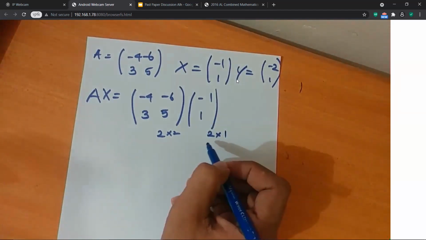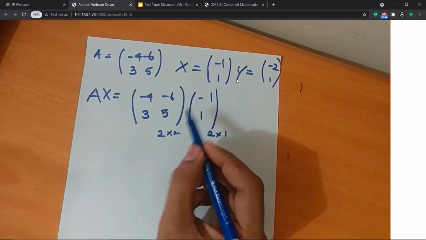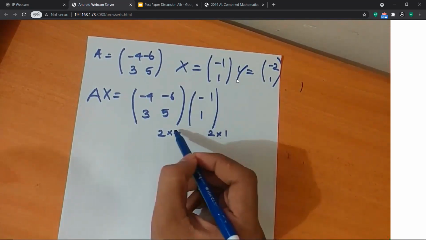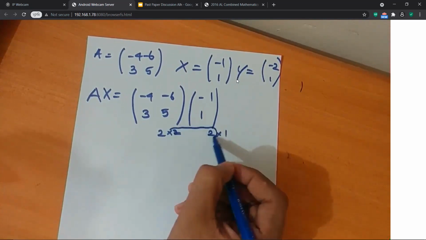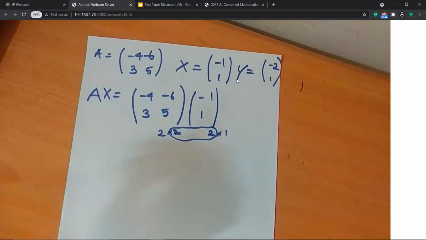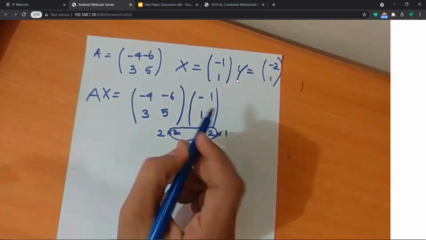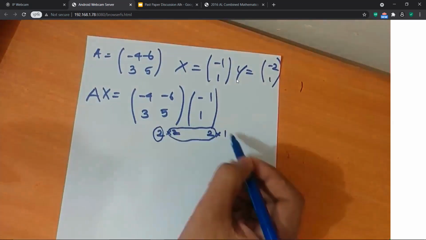To check whether these 2 matrices can be multiplied, these two values should be equal: 2 and 2. Only then can you multiply them, and the final output would be a 2 by 1 matrix.